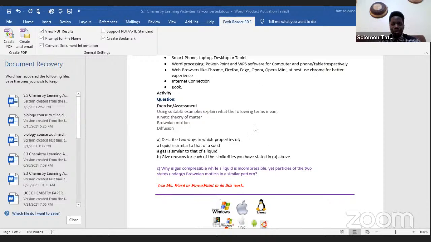Okay, good job. I'm going to send this activity to the WhatsApp group, but Kyle keeps telling me to send it on his email. I never get to see the email though. Can you guys access the WhatsApp group, all of you? Kyle, you can't access the WhatsApp group?